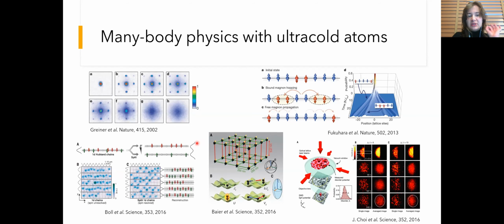With really amazing experimental tools like quantum gas microscopy, which has resolution on the level of single spins and single site densities, we are able to build great atomic setups with high precision.